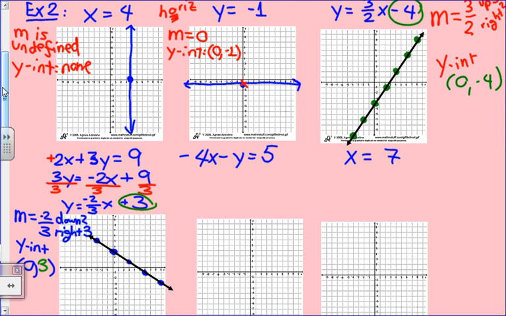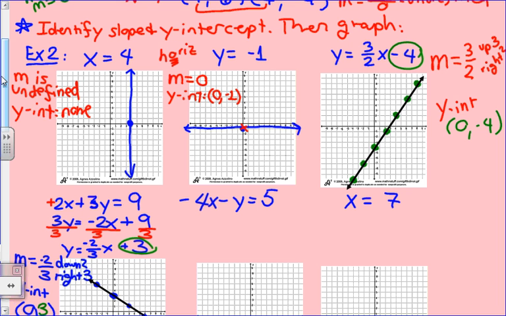All right, now that we've done a couple of those, I do want to talk about back here this one. Y equals -1. What I want to show you, by pulling it apart, is my slope right here, 0. So if the x does not appear, it really is there, 0x minus 1.